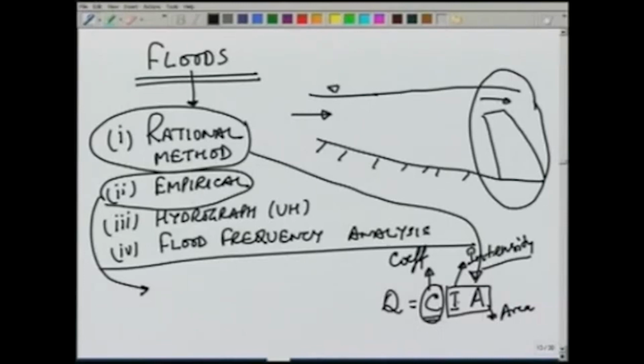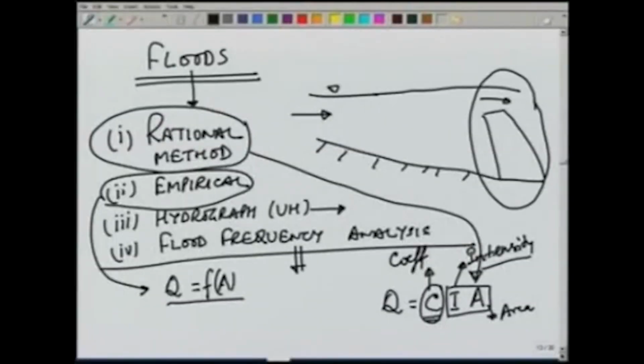So, the intensity is not there, but the area is some function of the catchment area. Some of the relationships which have been used are like area to the power 3 by 4 or area to the power 2 by 3 and so on, but these are again derived for a particular location and they would be typically applicable only for similar catchments.